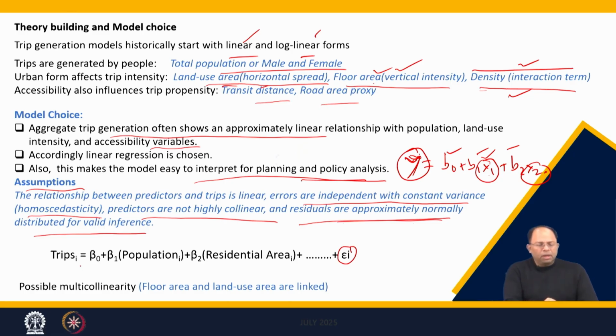So trips for the ith zone is equal to beta 0 plus beta 1 into the population of zone i, and beta 2 into the residential area of the zone, and so on. If I take all the variables here, that is residential area, residential land use, density, there may be multicollinearity, because floor area and land use area are linked.